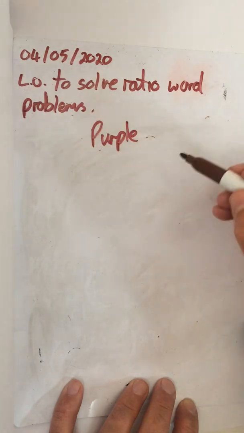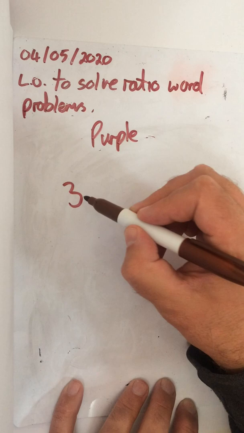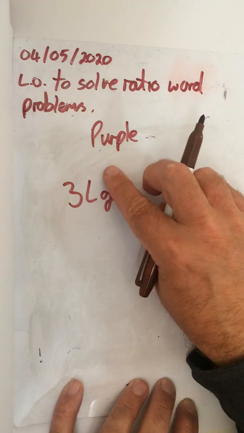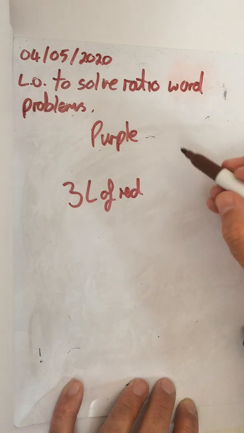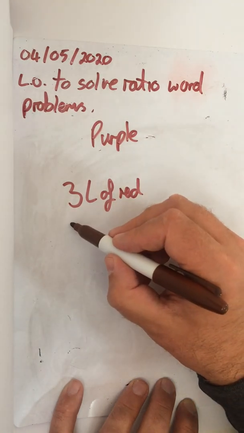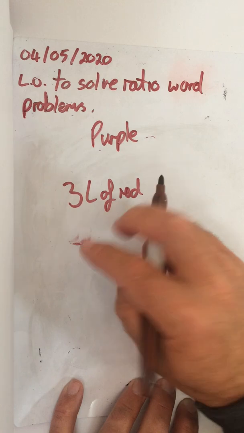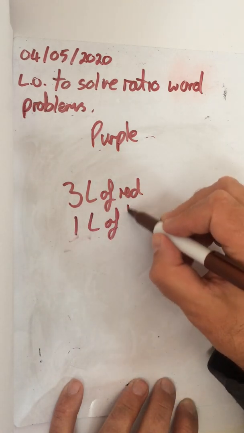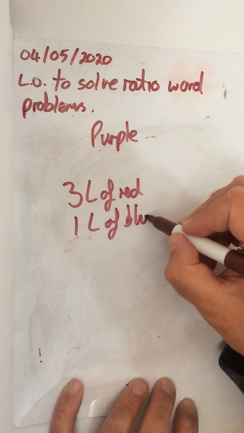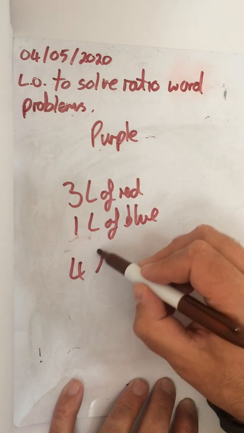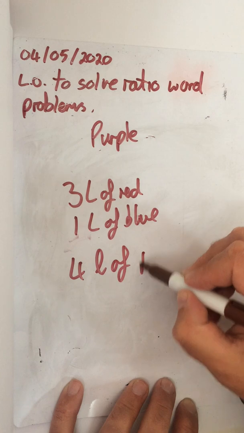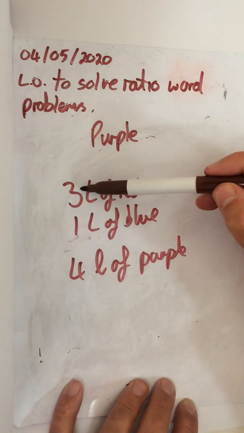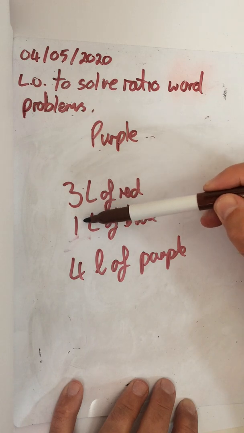I have to mix 3 liters of red and 1 liter of blue, and that will give me 4 liters of purple, because I'm mixing the red and the blue to make purple.